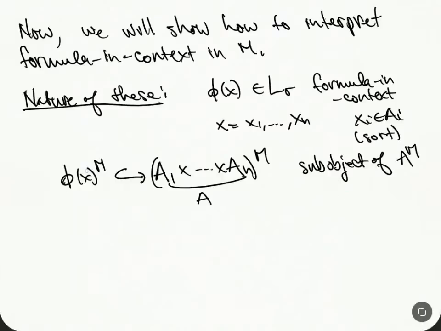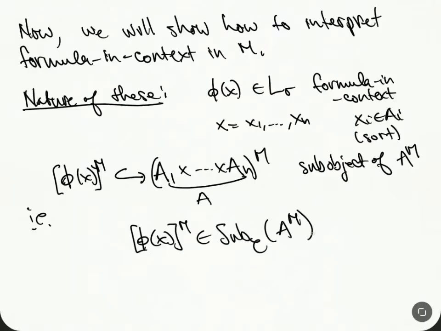So i.e., maybe I can put parentheses around this, i.e., this dude is an element of sub c of a to the m. Okay, and I want to talk about how we build these up. Okay, so this is what we're going for.